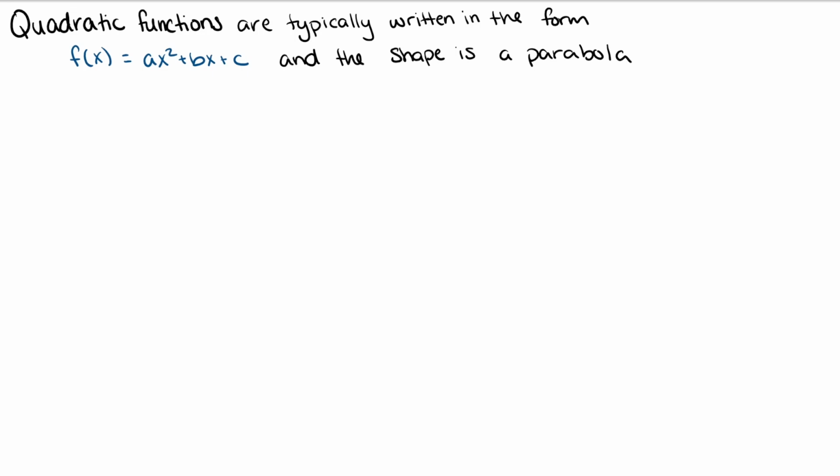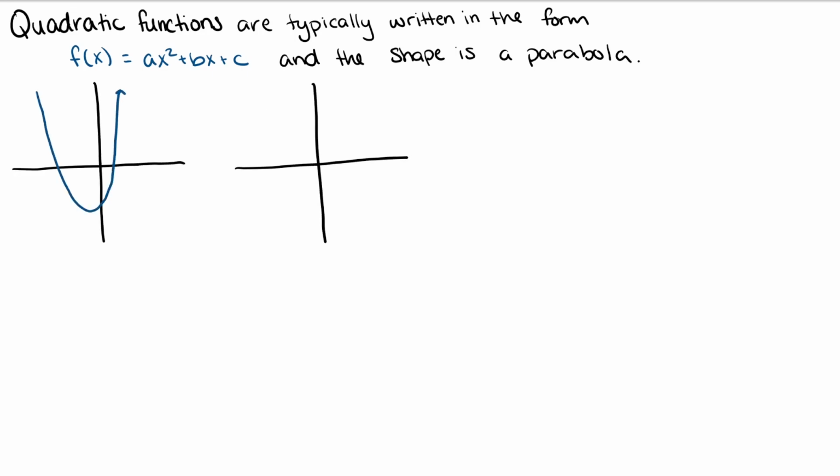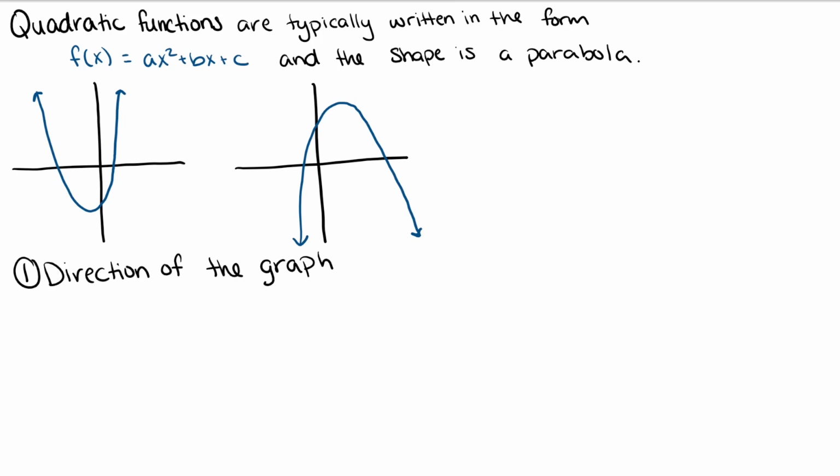So if we consider a function that is in the form f(x) = ax² + bx + c, which is our standard form, that function may look something like this or like this. There are a few different things that we use our function to determine. First is the direction of the graph. How do we know whether it opens upward or downward?